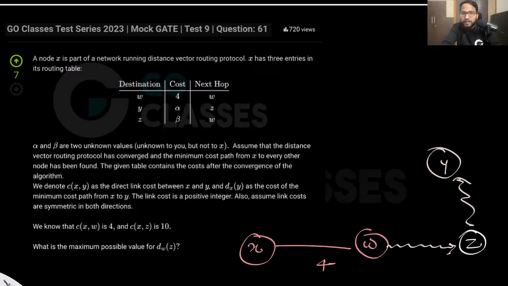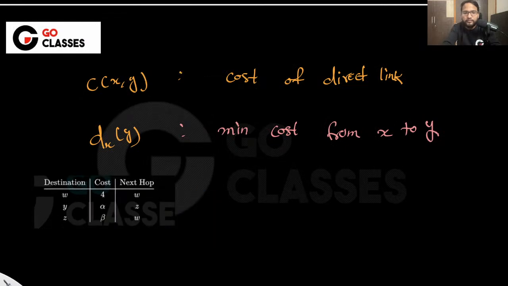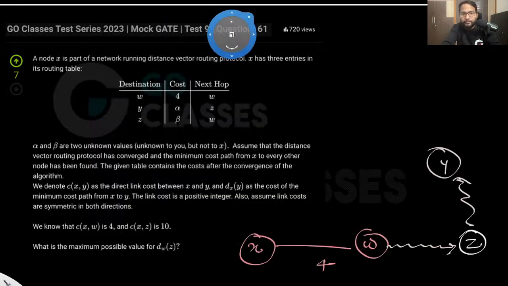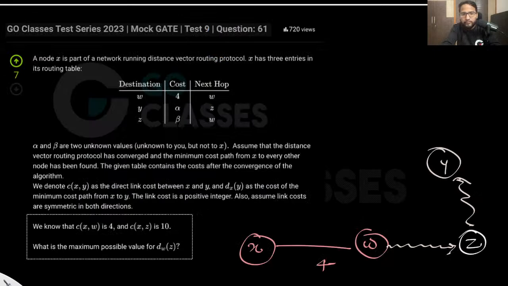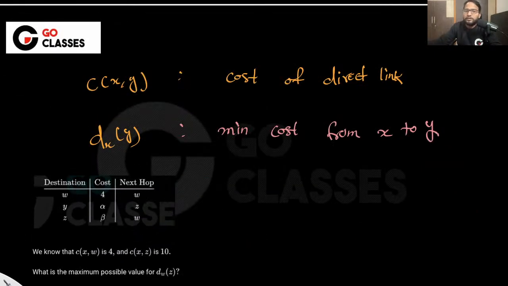So basically there are two pieces of data that they have given. One is this table, another one is that line. Using these two, we need to find out the distance from W to Z.